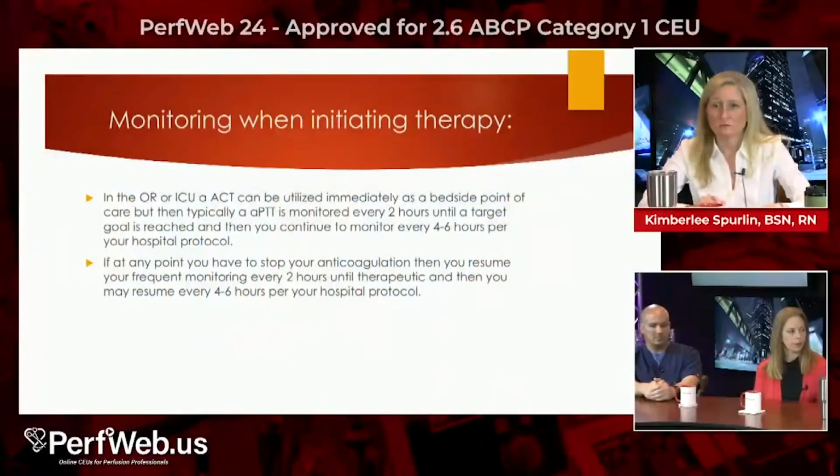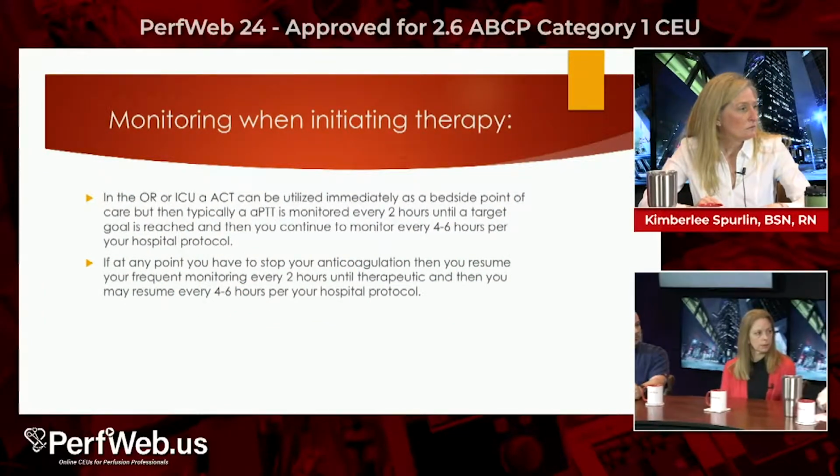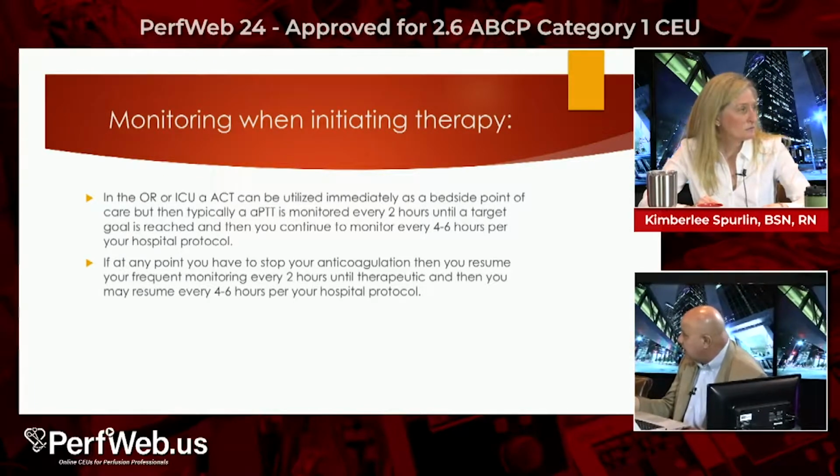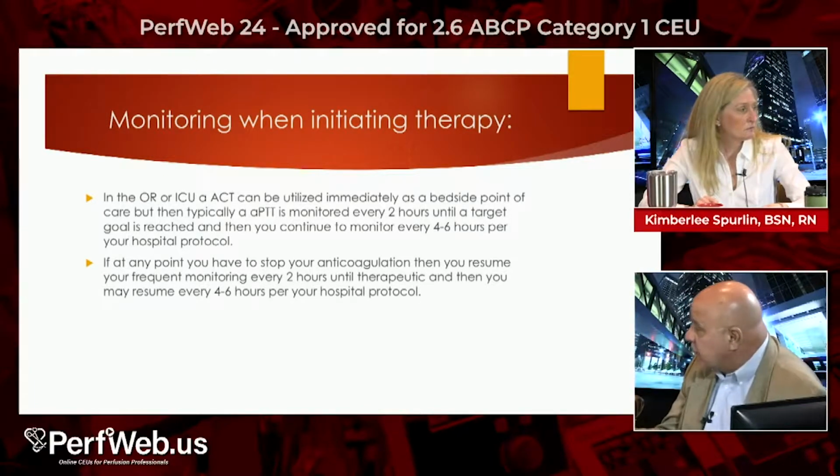For me, in the middle of the night, I'm asking which direction are we going? And it'll give you a little bit of clarity until you get that other result in. I do have an issue though, I don't know if you experienced this also, but I've run serial ACTs with the low range ACTs, and I've gotten results everywhere from 130 to 160 to 180 to 140 on the exact same sample.